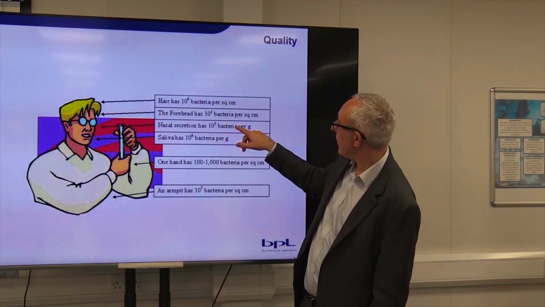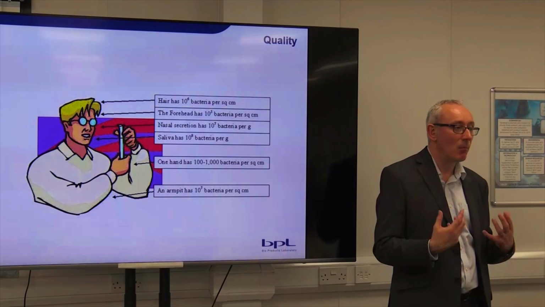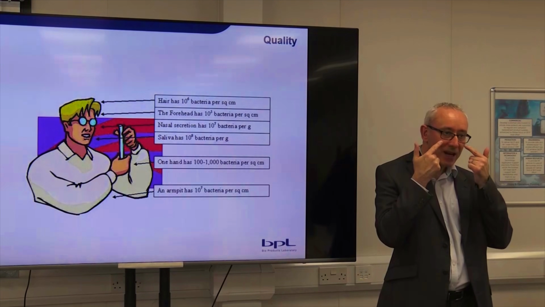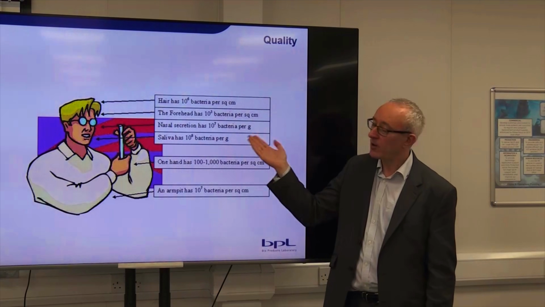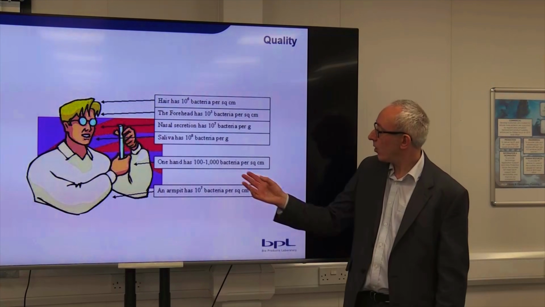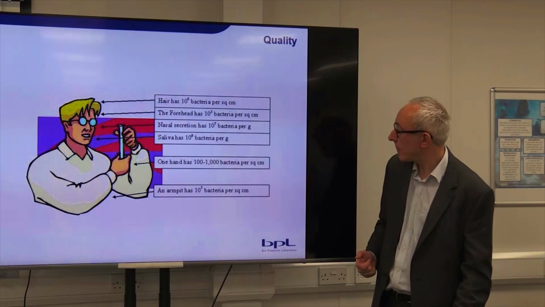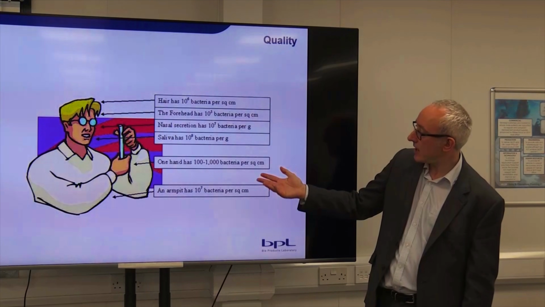Then the nose has 10 million microorganisms associated with it, within the nose and around the nares as well. Saliva is even higher, at 100 million bacteria. On the hand, around 100 to 1,000 maybe. And under the armpits, again up to the level of 10 million.